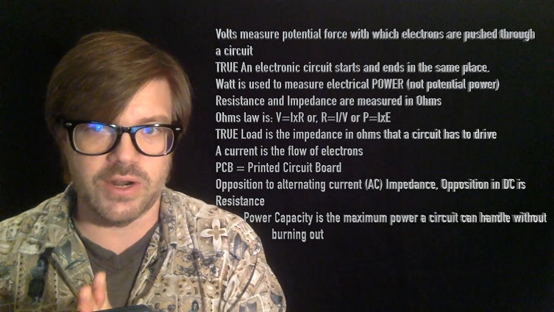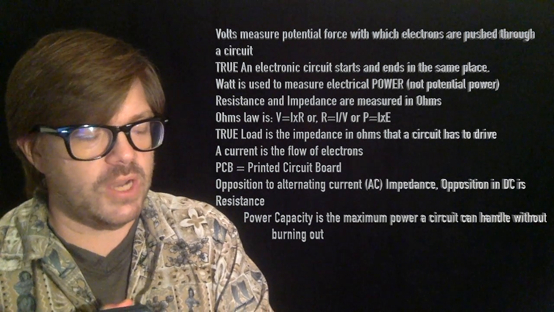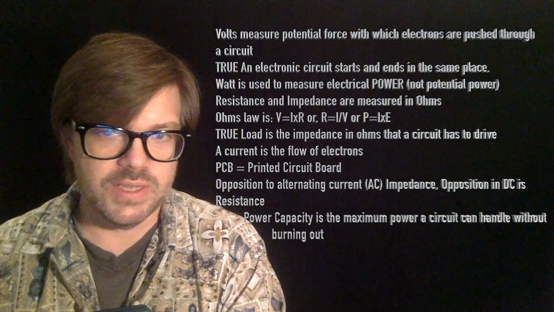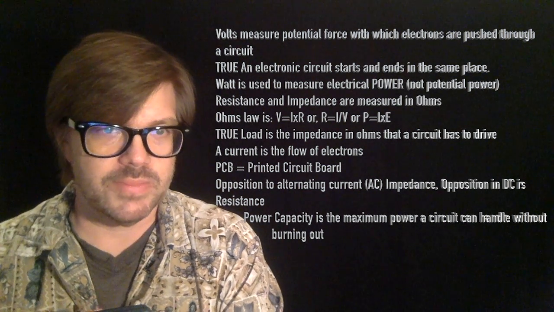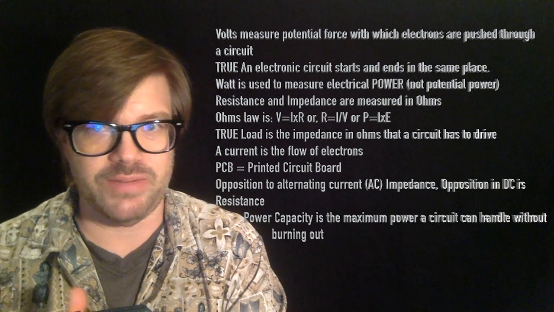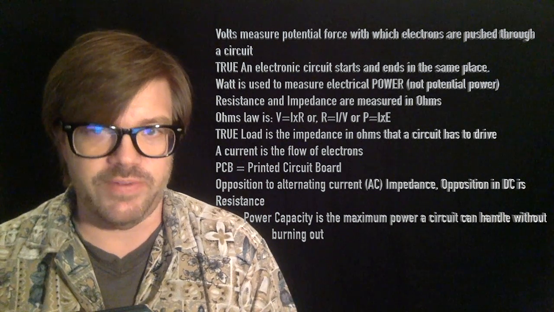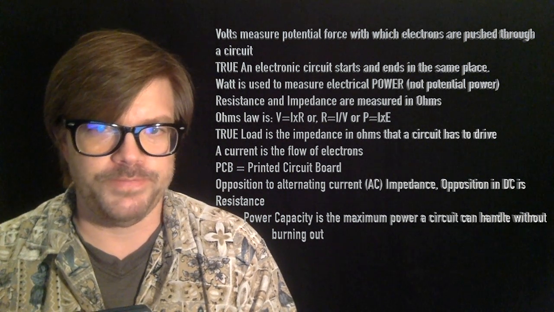So if it's direct current, then resistance. Alternating current, impedance. As usual, there's more to be said about that, and possibly we went into that in class, but let's leave it at that for the quiz and for the review.